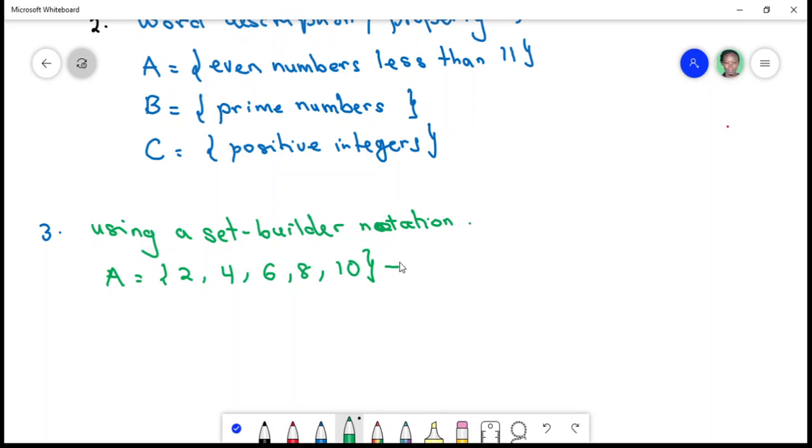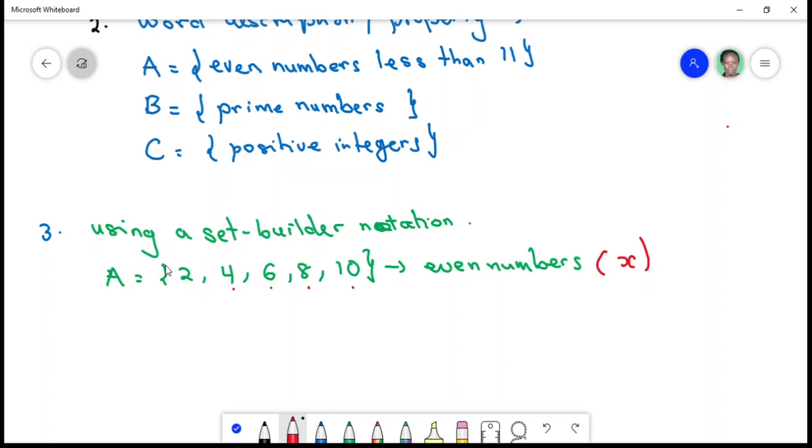We already know this is what? Even numbers. So let's say I want to represent my even numbers by X. So this X is an even number, and that even number could be 2, it could be 4, it could be 6, 8, or 10.